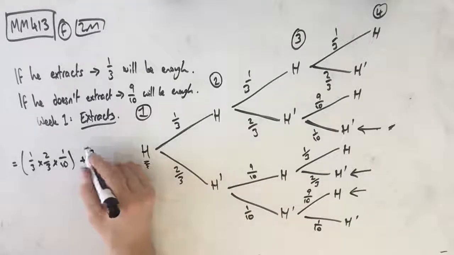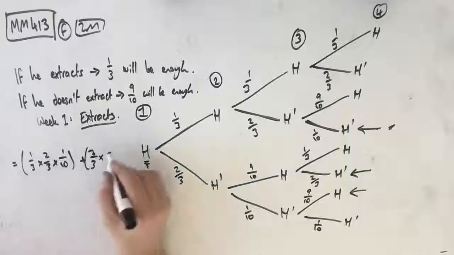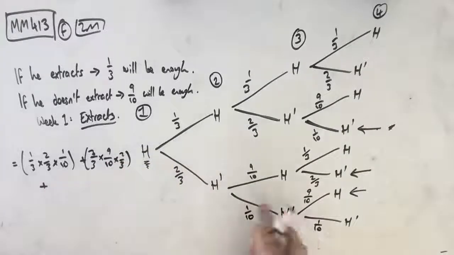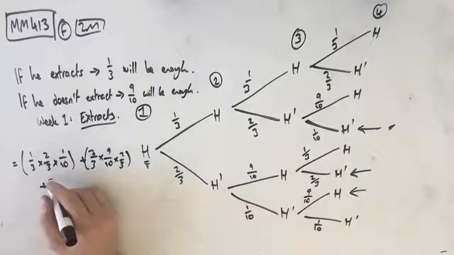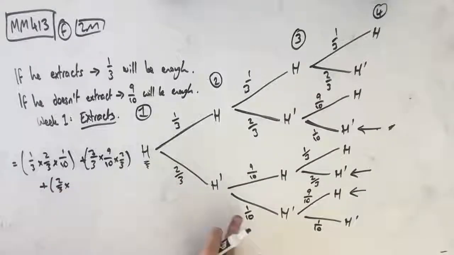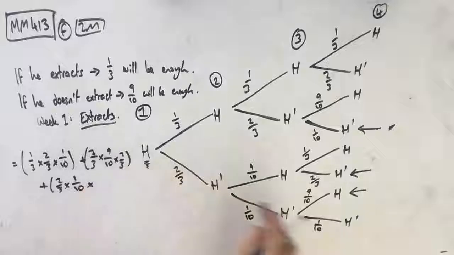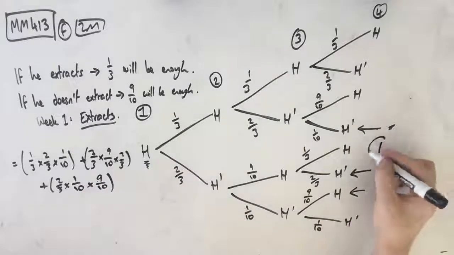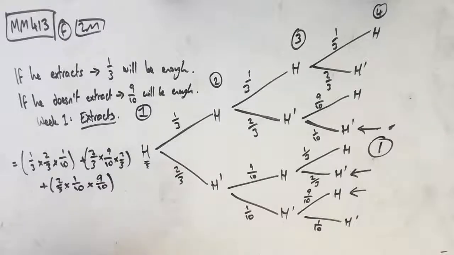So 2 in 3 times 9 in 10 times 2 in 3, which is that one there, and then plus 2 in 3 times 1 in 10 times 9 in 10. This is our first mark as well. Just drawing all this gets our first mark.